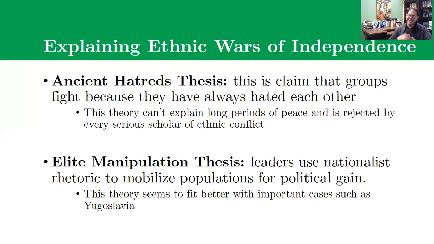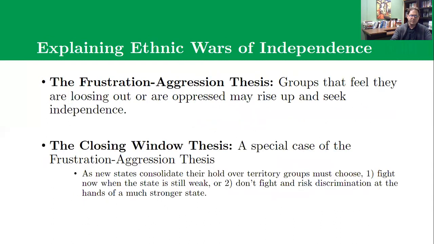And so this idea that elites are the cornerstone of this process is, I think, a pretty powerful theory in that it seems to fit some pretty important cases and does a pretty good job.